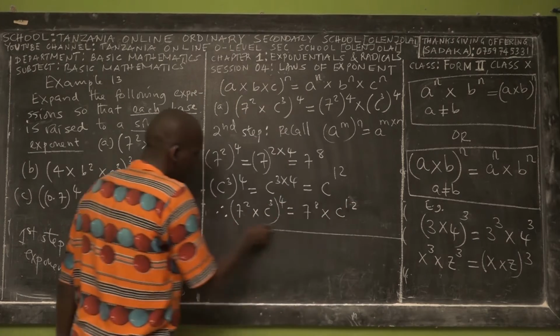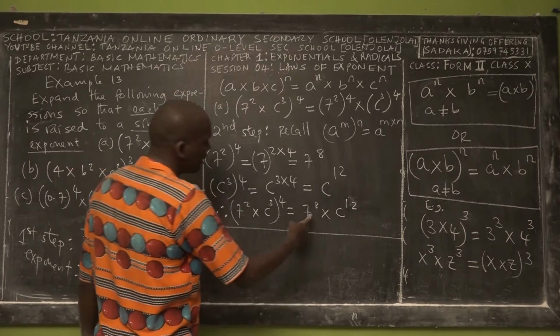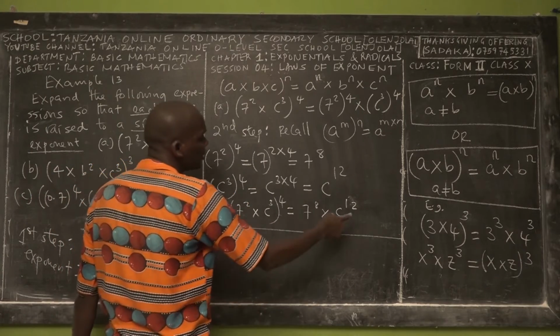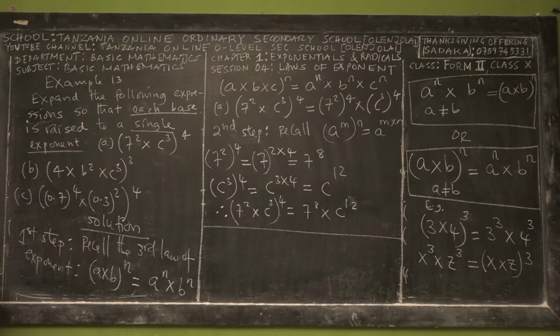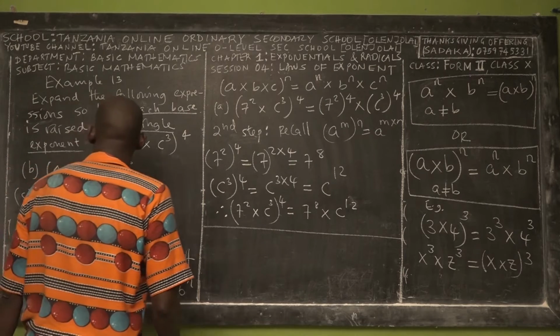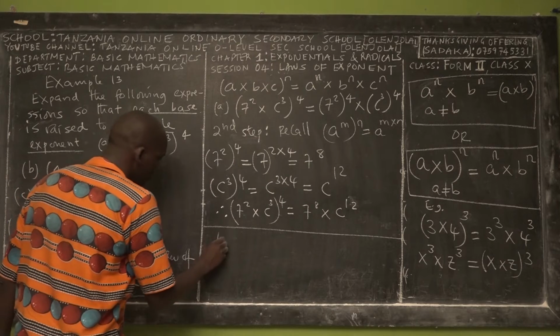So this is the final response. You see that this base has a single exponent and this base has a single exponent. Yes. So here we apply how many laws? Two laws. Third law and second law. Are we together? Yes. Okay, if you didn't understand, we can go for Roman B.